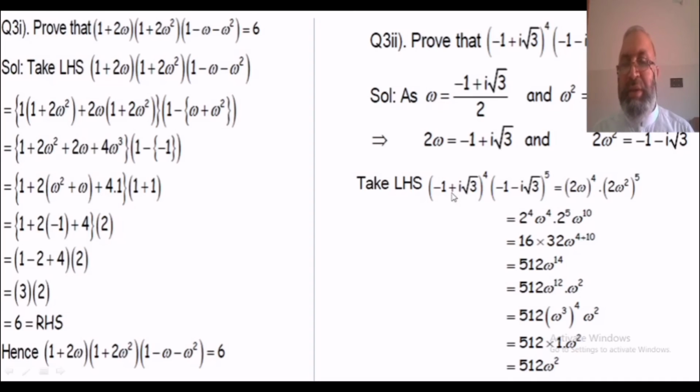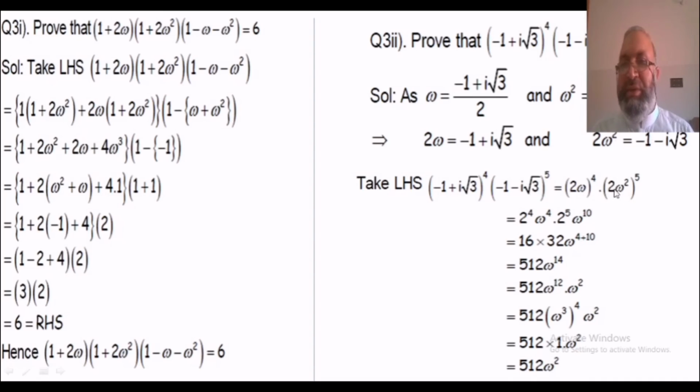Taking the left hand side, (−1 + i√3)⁴ (−1 − i√3)⁵ becomes: the value of −1 + i√3 is equal to 2ω, so we write (2ω)⁴. Similarly, −1 − i√3 is equal to 2ω², put the values, (2ω²)⁵.